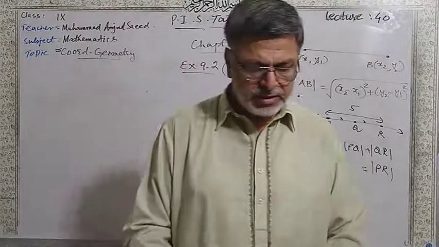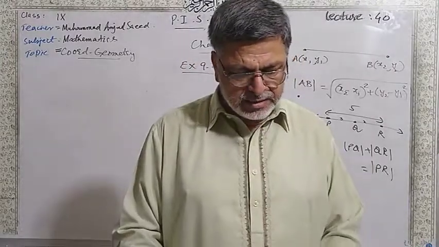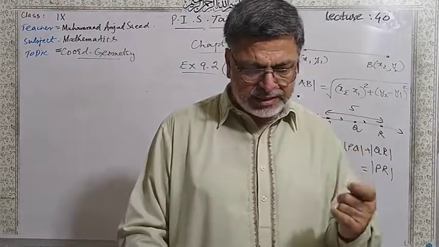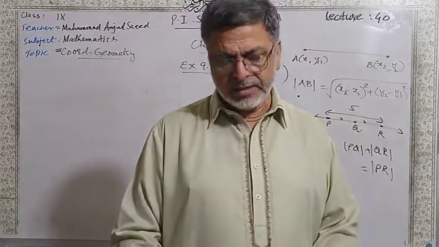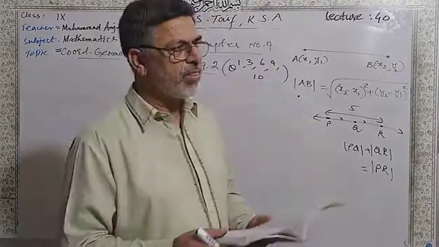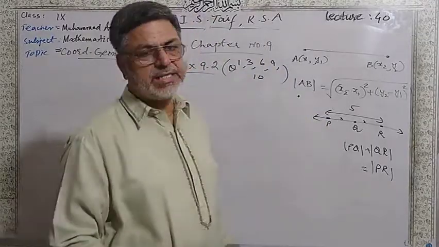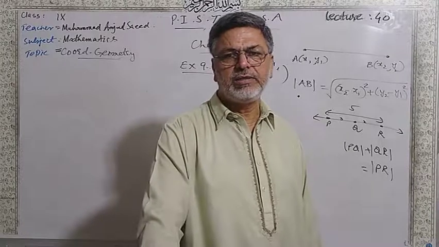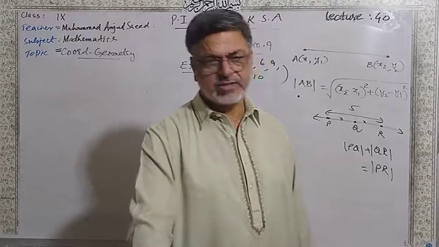First of all, show whether the points with given vertices are the vertices of an equilateral triangle or an isosceles triangle. Remember that if all three sides are equal, then it is equilateral. If two sides are equal, then it will be an isosceles triangle.